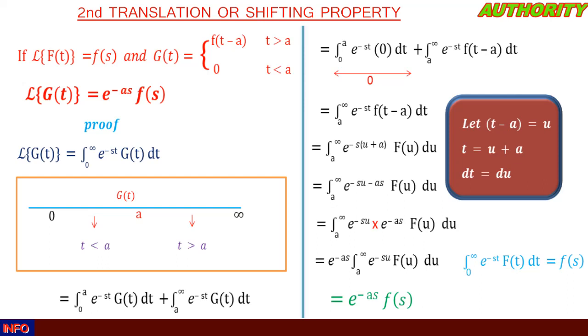This integral from a to infinity of e raised to the power of minus su, f of u du, is the same thing as F of s. Then we have a constant behind, which is e raised to the power of minus as. Yes. So this is what we call the second translation or the second shifting property.